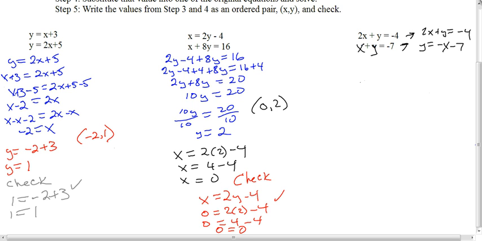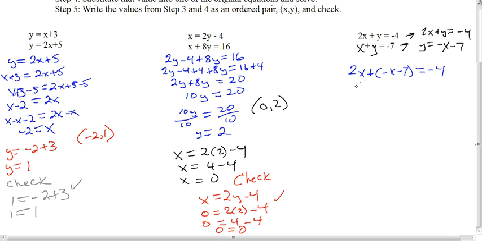solve. And it says step 1 is, since you have y is negative x minus 7, we can plug it in up here, and that's going to give us 2x plus, in parentheses, negative x minus 7 is equal to negative 4.